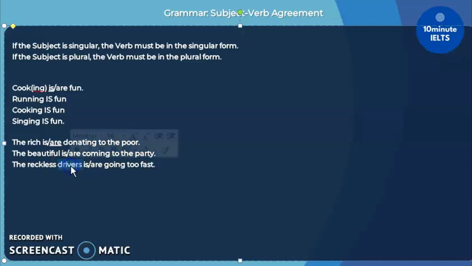It says here that there's an S in the subject, so it's easy to identify that the word is are, but if I remove that, then the reckless is or the reckless are. Again, remember, if it's an adjective, the verb should always be plural. The beautiful is or the beautiful are. Since beautiful is an adjective used as a subject, then the verb is again are.